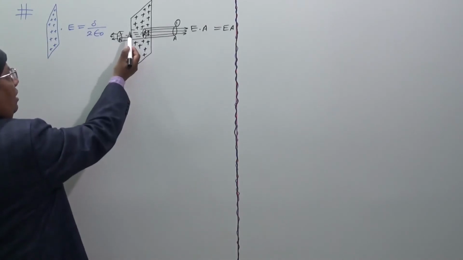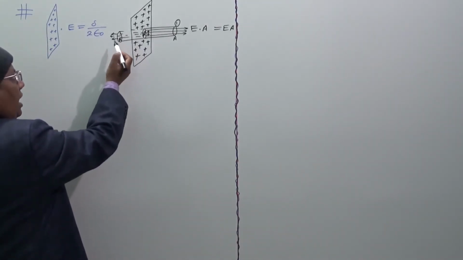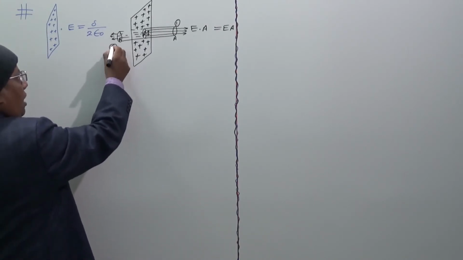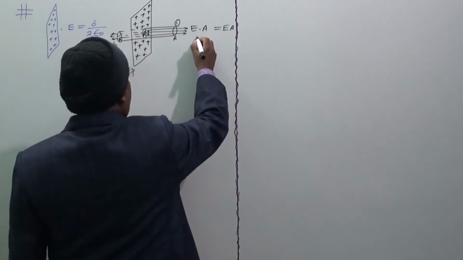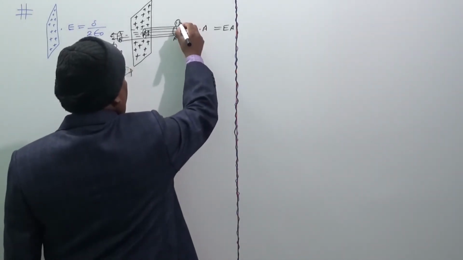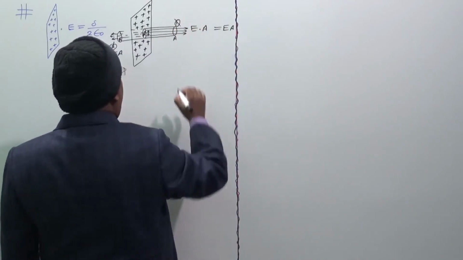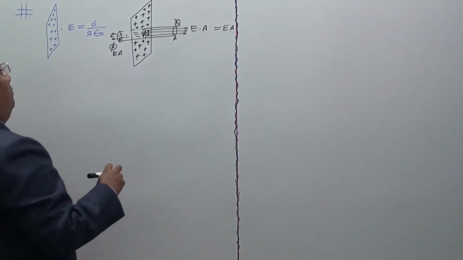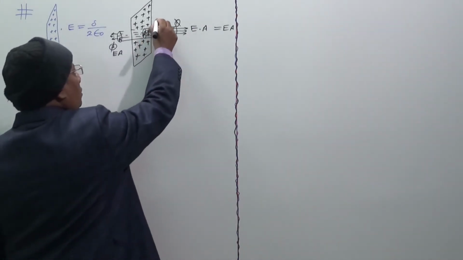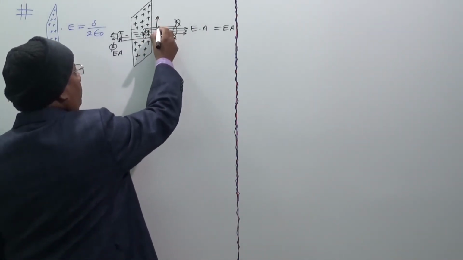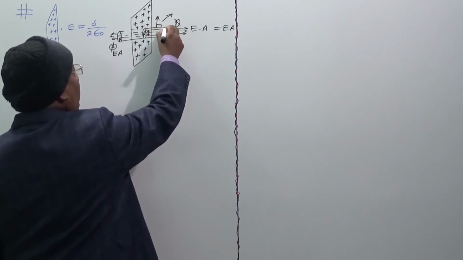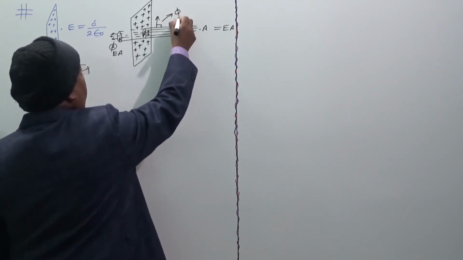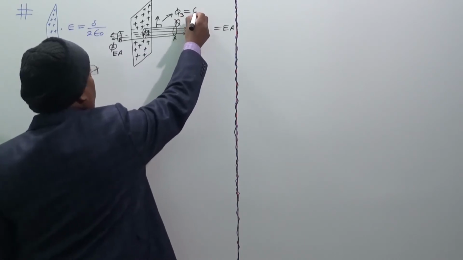Here electric field lines are backward and the cross section area direction is again backward. So E dot A again, the second flux is equal to EA, and the flux due to the first cross section surface is again EA, and the flux due to this curved area is equal to 0, because the area and electric field direction are at 90 degrees.